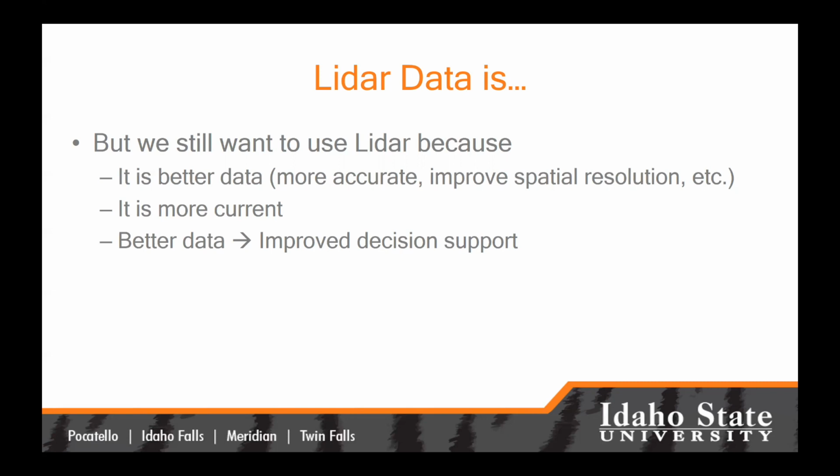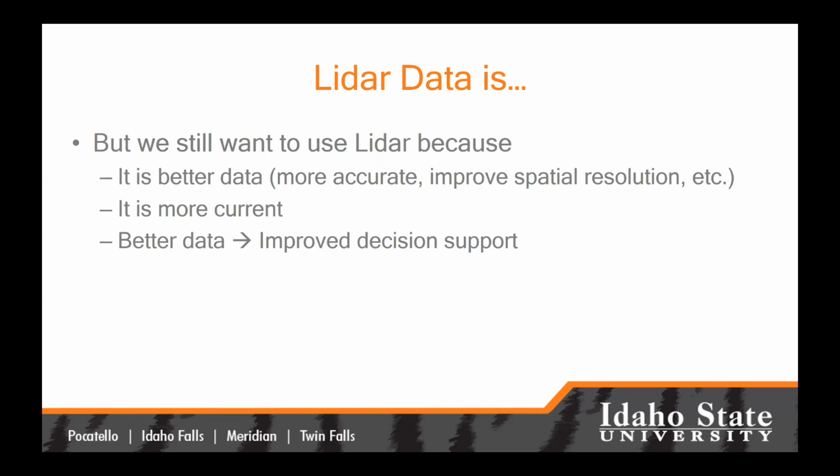And when I say that, it's not better just because it's new. It's better because it's more accurate. It gives us a much more accurate depiction of the surface. That is also from the fact that we have improved spatial resolution.